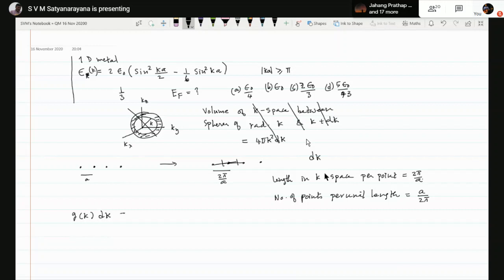The number of k points is a by 2 pi times dk.